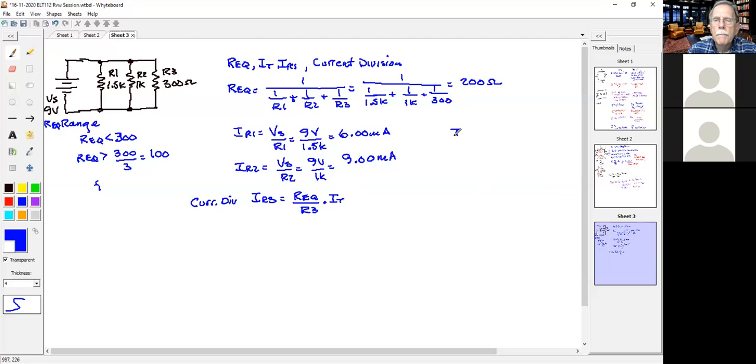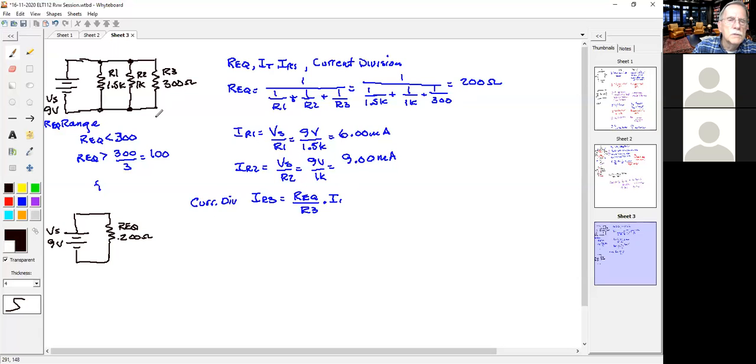IT is going to be VS. Oh, by the way, we didn't check.